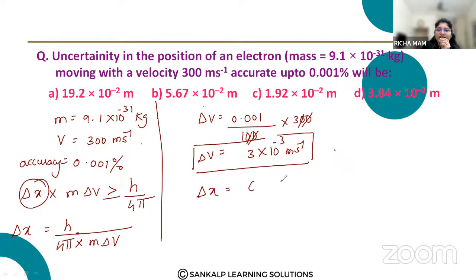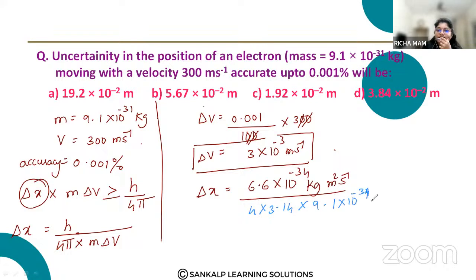Delta x is equal to h, which is 6.6 into 10 raised to minus 34 kg meter square per second, divided by 4 into 3.14 into mass 9.1 into 10 raised to minus 31 kg, into the change in velocity, 3 into 10 raised to minus 3 meter per second.